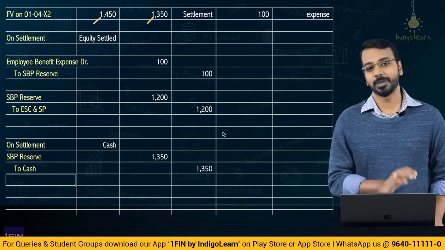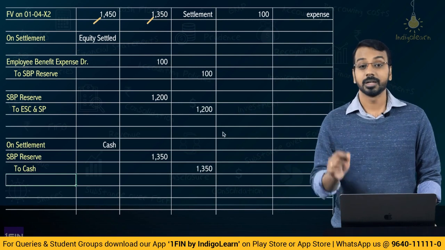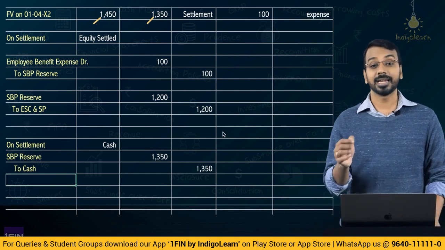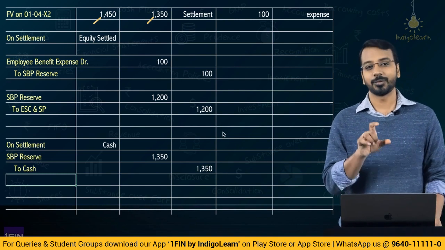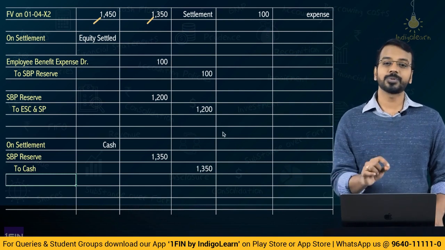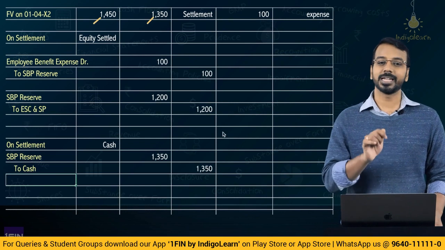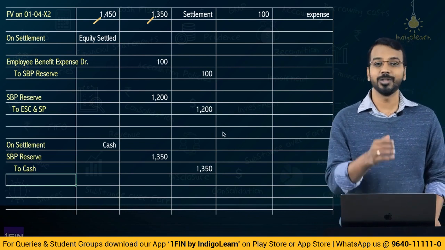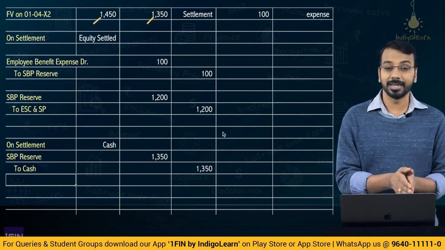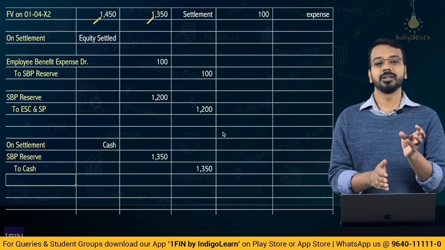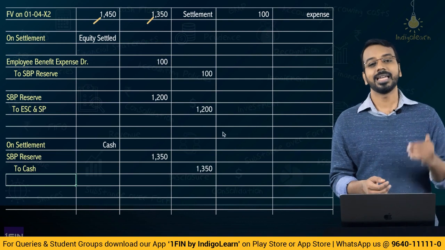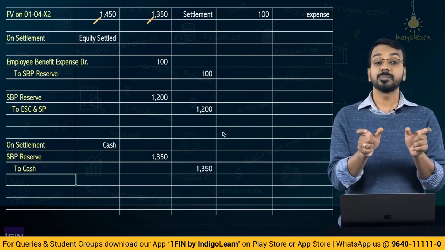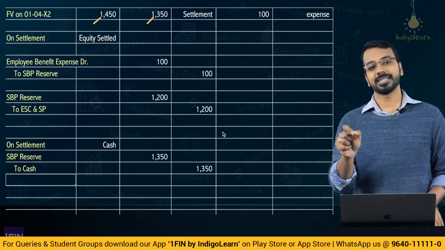The only thing that you have to keep in mind is, if you have accounted for these kind of transactions where the entity has a choice as an equity settled transaction, on the settlement date you have to check whether the option that is being settled or the option that is being used has a higher fair value or not. If it has a higher fair value, then the difference between the higher value and the lower value, say for example, it is settled as equity and equity has a higher fair value, the difference between these two will be treated as an expense.